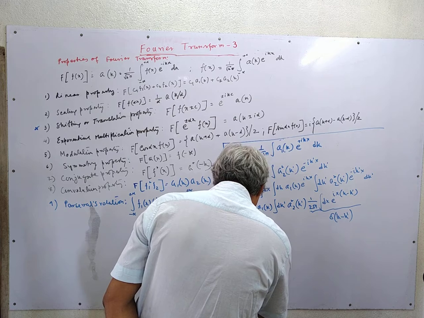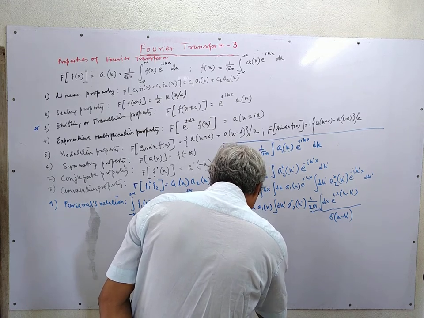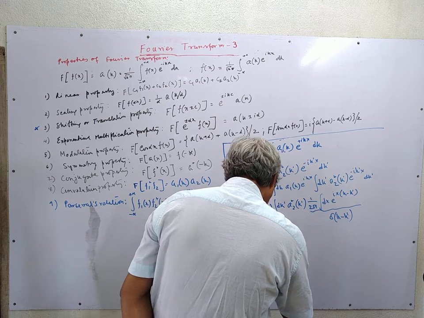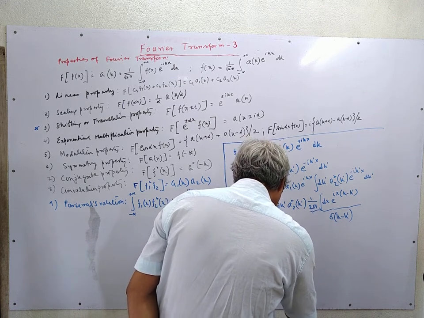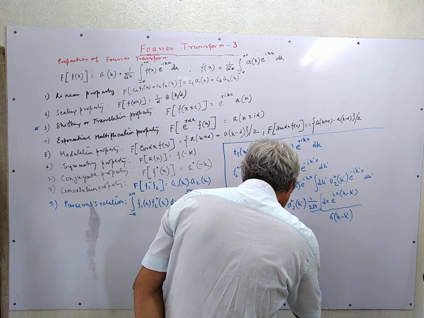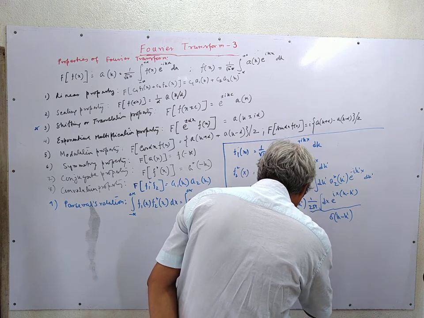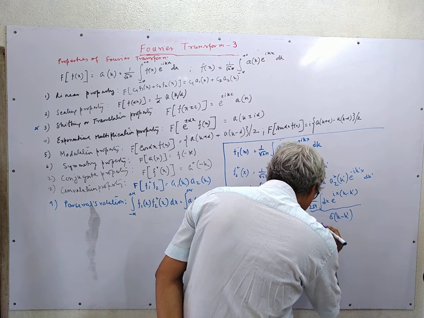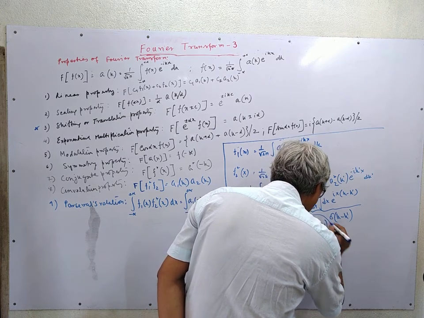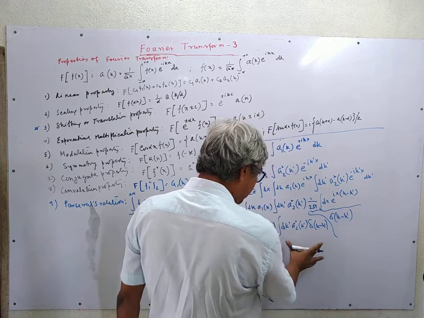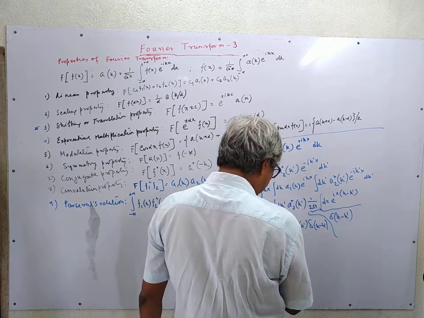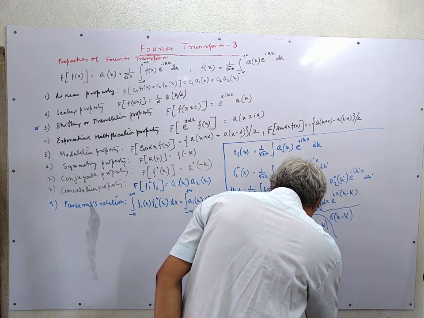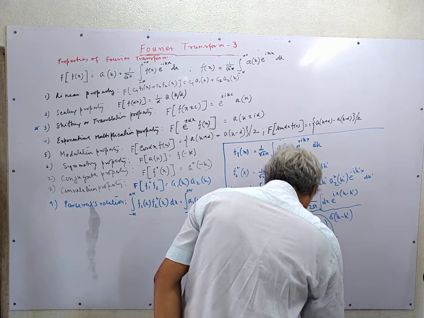So when we perform this integration, the result is a2 star at k.